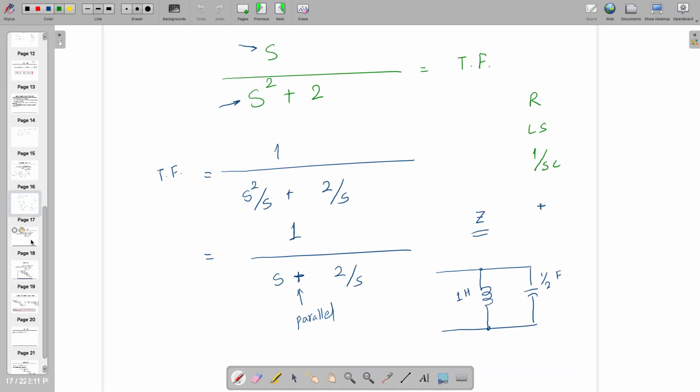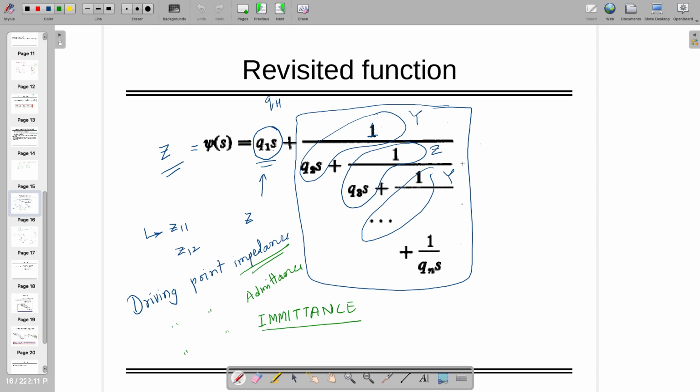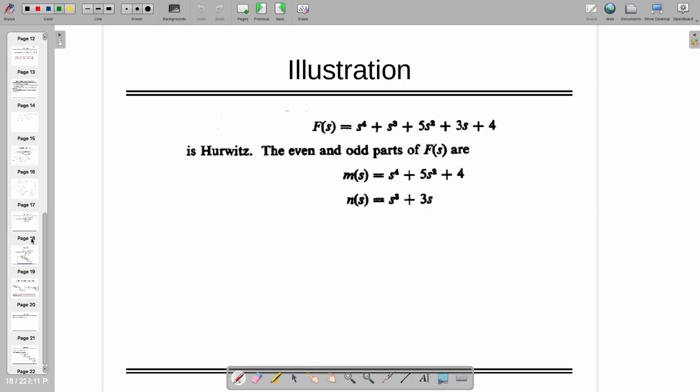Okay, so let's move further, because at the end we are going to make a function which will look like this one, just to create a circuit. Now let's find out whether my function is Hurwitz or not. If I want to find out Hurwitz function, I need to find out what are the even terms and odd terms.